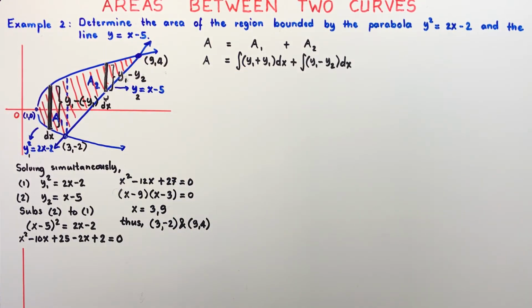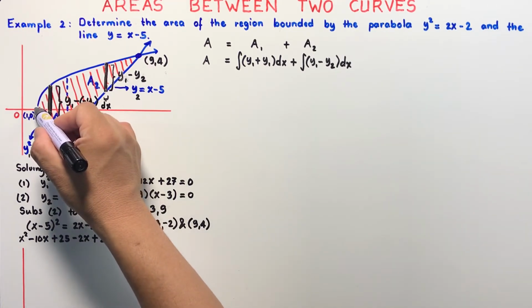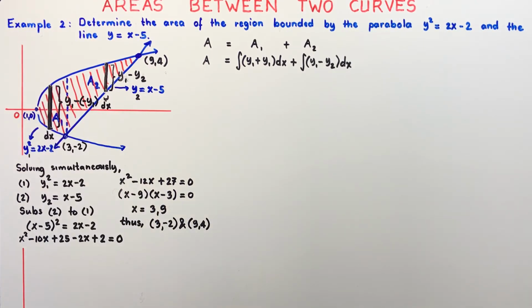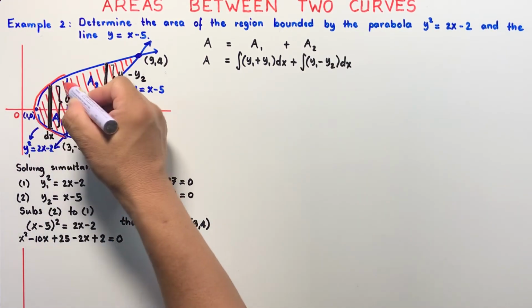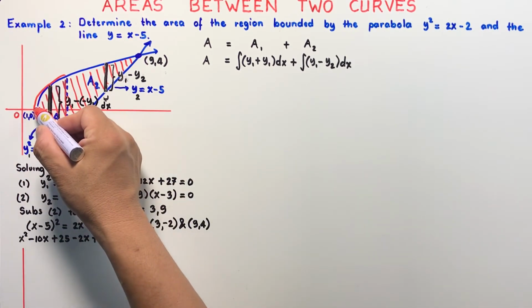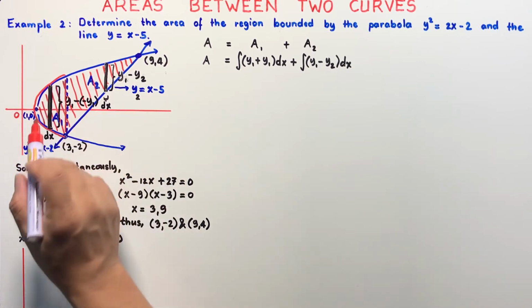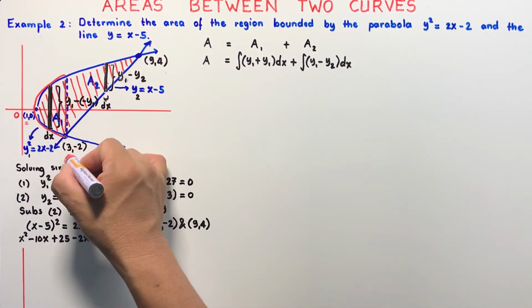And now that we have the points of intersection together with this vertex of the parabola, then we would know also the limits of integration. Because in this region 1 here, you will be slicing from 1 to 3. So look at the x-coordinate of this point, that is 1 to 3.